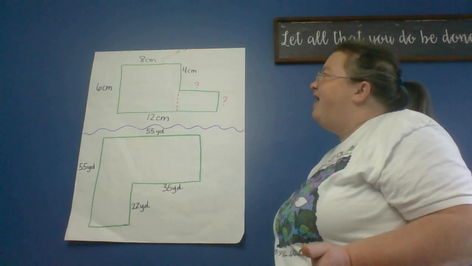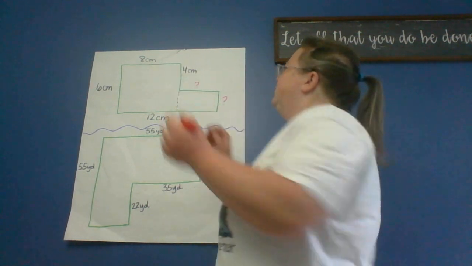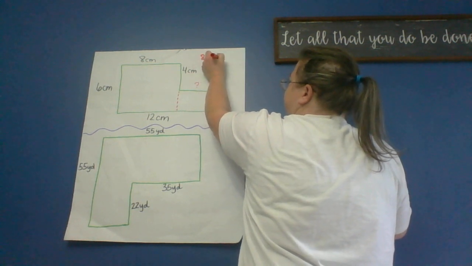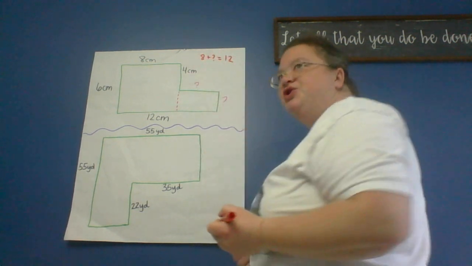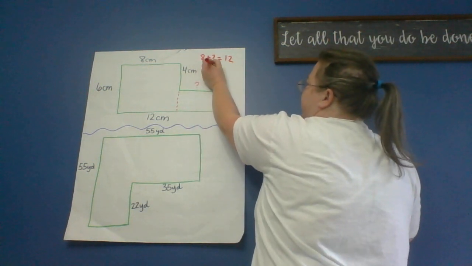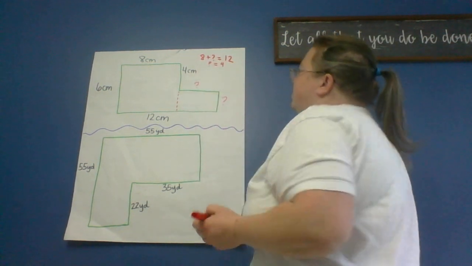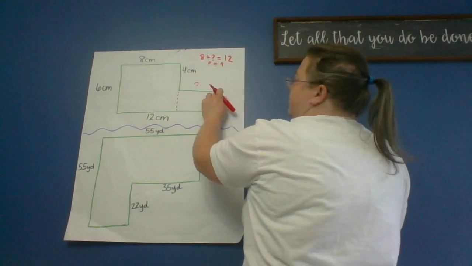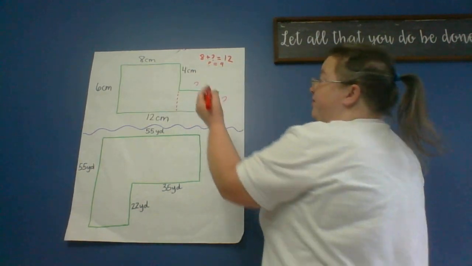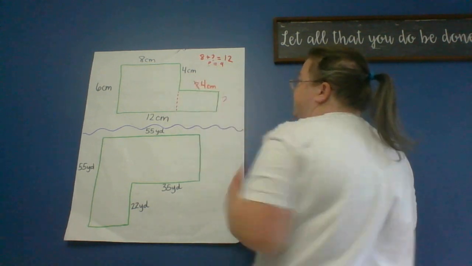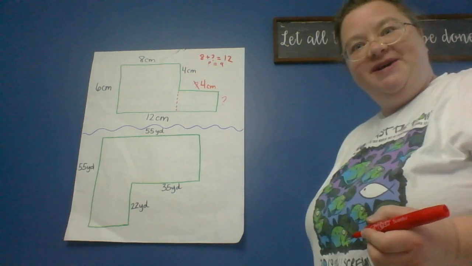So if you think about that, 8 plus something equals 12. You should pretty quickly be able to figure out that that something, the unknown here, is 4. Because 8 centimeters plus 4 centimeters equals 12. So I'm going to cross that out and put 4 centimeters. Okay? That wasn't too bad, was it?